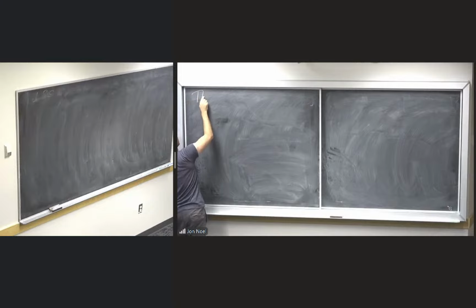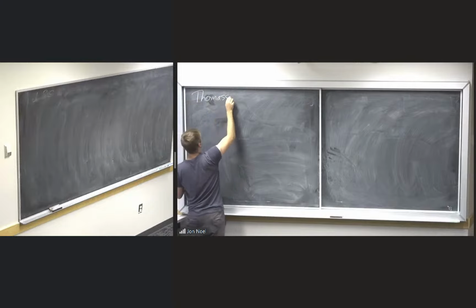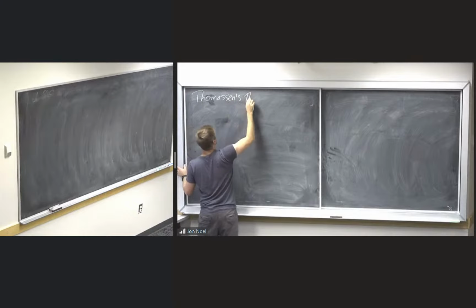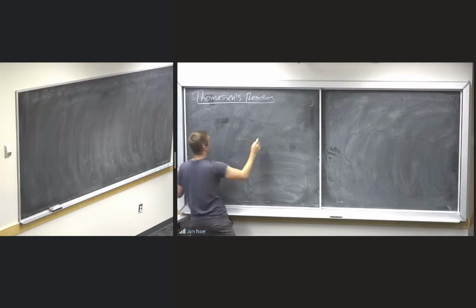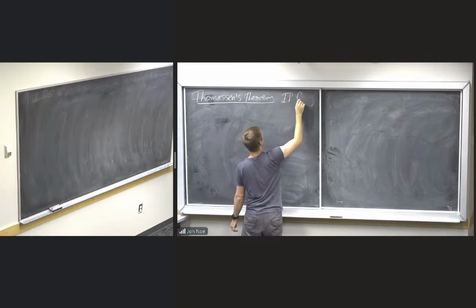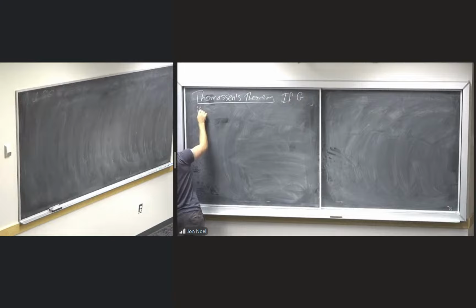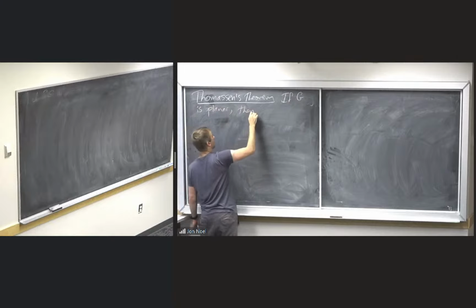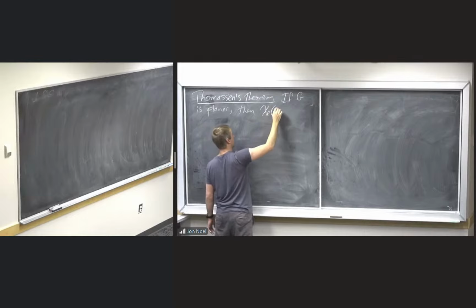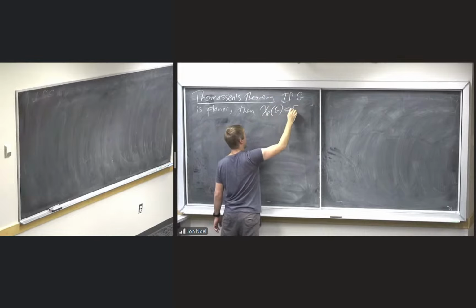So this is Thomassen's theorem, which says that if G is planar, then the list chromatic number of G is at most 5.